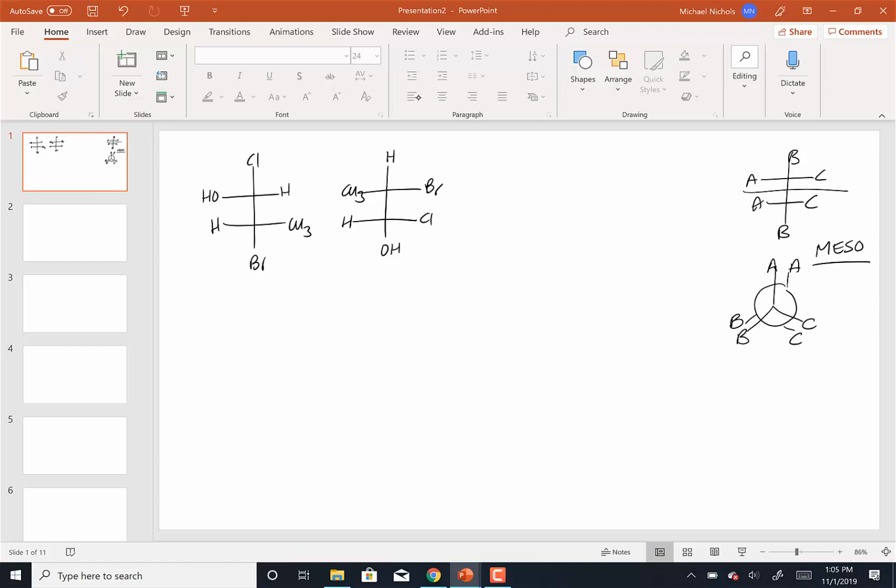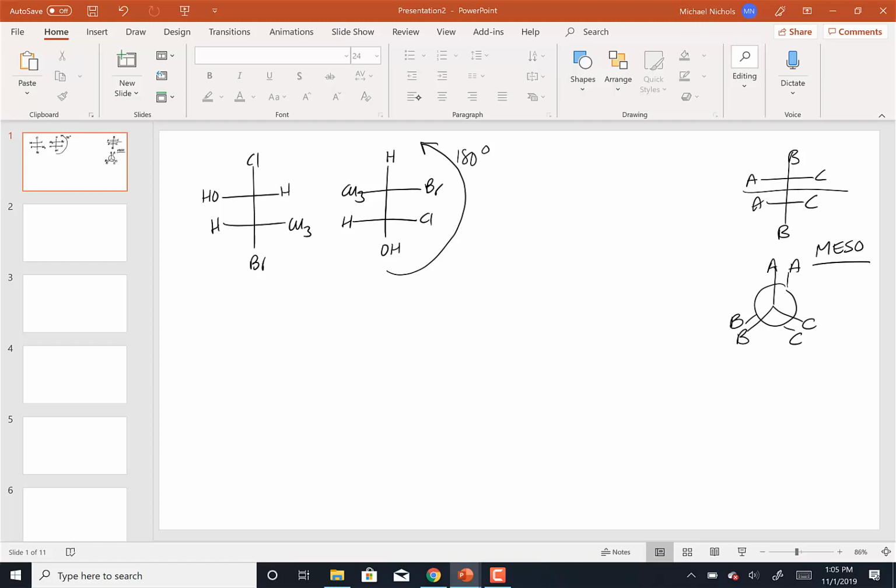And what I can do in this case is rotate this molecule 180 degrees and then draw the new orientation. As long as you're rotating things in the plane of the paper or of the screen here, the bold and dash wedges don't change.